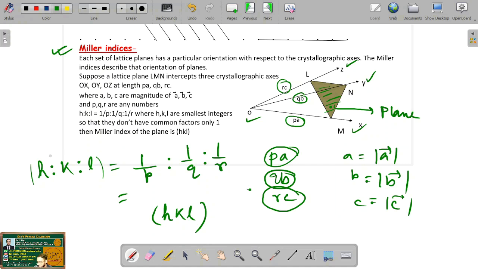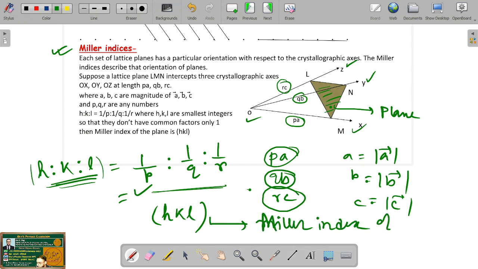Then H is to K is to L, the Miller index, can be written as 1 by P is to 1 by Q is to 1 by R, such that these ratios do not have a common factor other than 1. Then we can write the HKL value in first bracket, and that is represented as the Miller index of that plane LMN. So this is how the Miller index can be found.